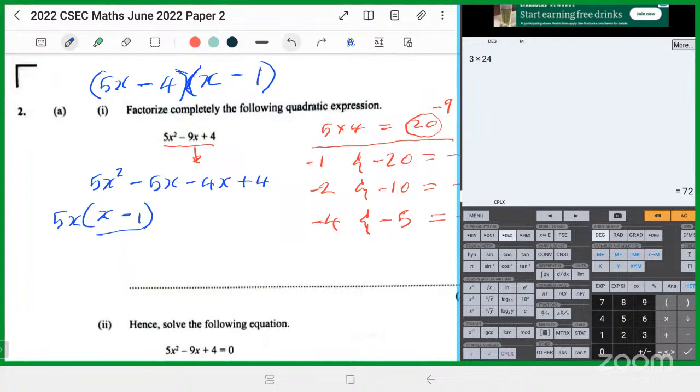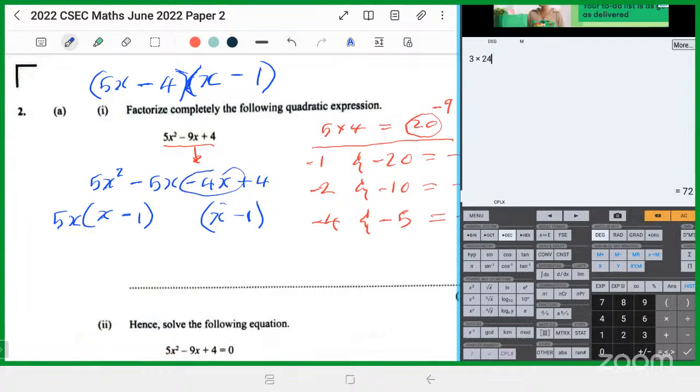So I'm going to put back this bracketed term here first, which is the x minus 1. Then to know what factor comes here, which has to be a plus or a minus value, I can, for example, divide this 4 by this negative 1 and get negative 4. Or I can divide this negative 4 by x and get negative 4. In any case, we'll put in negative 4 out here.